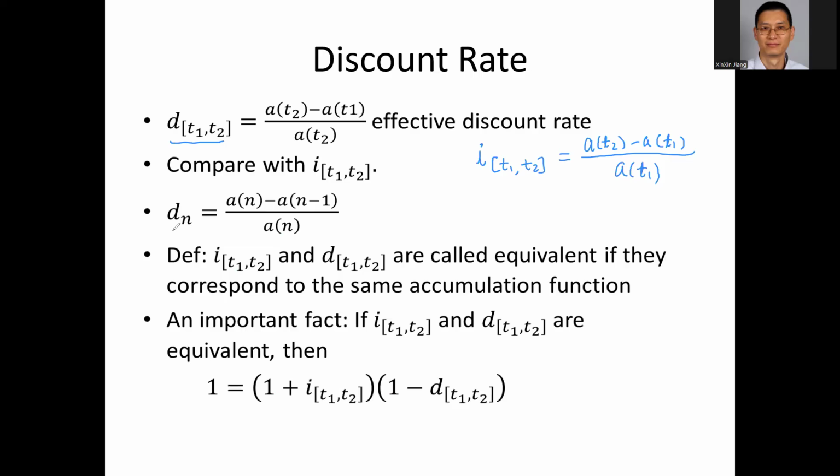This is more general than the previous one; that one is a special case of this when the time periods have the same length. These two values are called equivalent if they correspond to the same accumulation function. So you have the same time growth scheme. Then we can calculate one from the other.